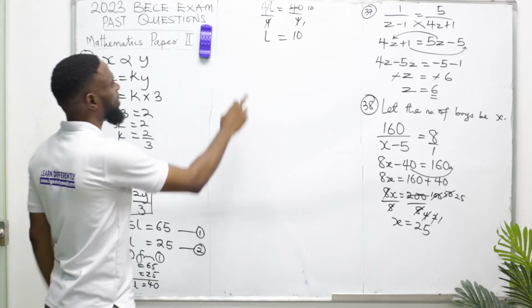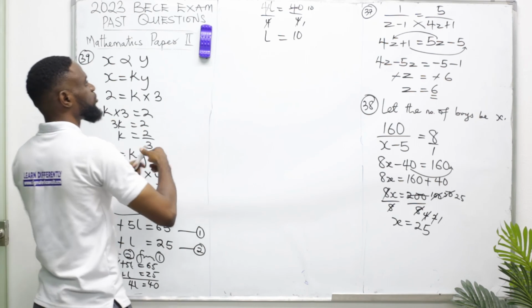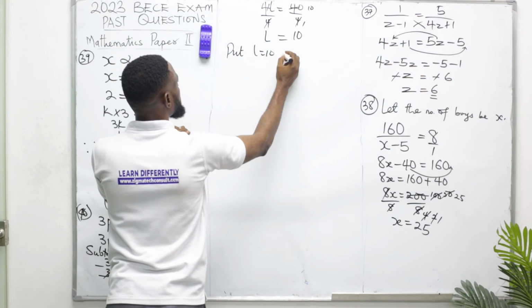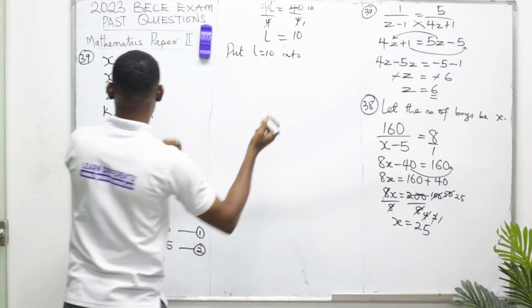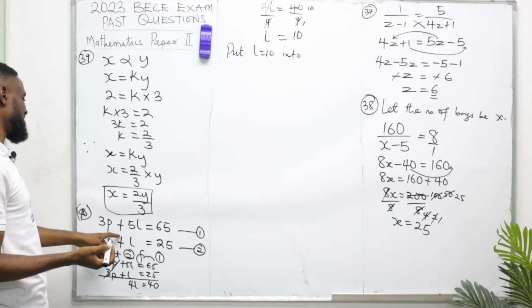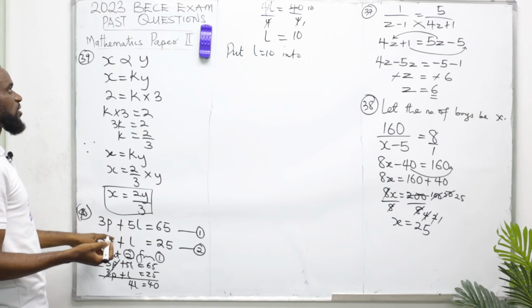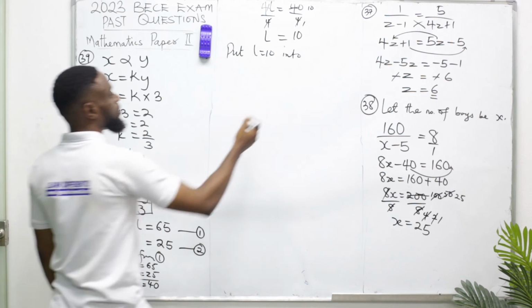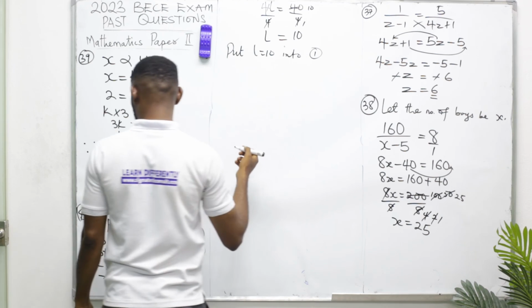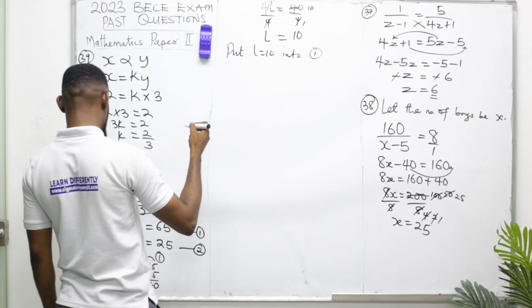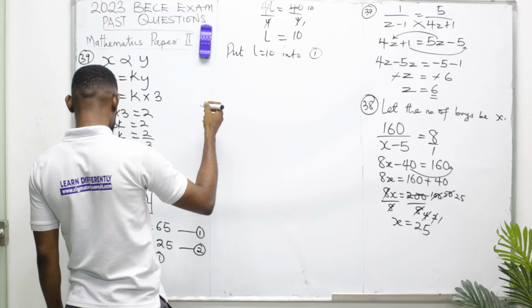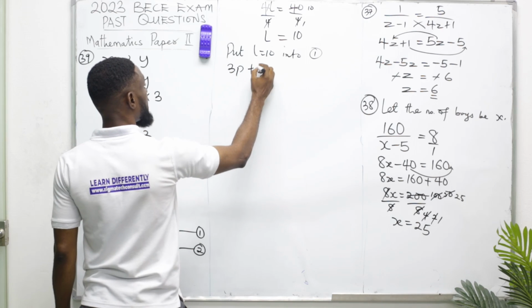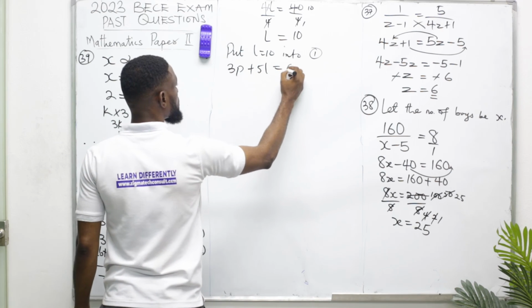Now to find the pen, which is P, put L equal to 10 into any of the equations. So let's put it in equation 1. We have 3P plus 5L is equal to 65.